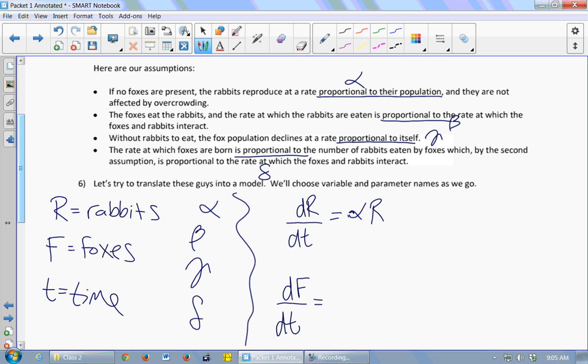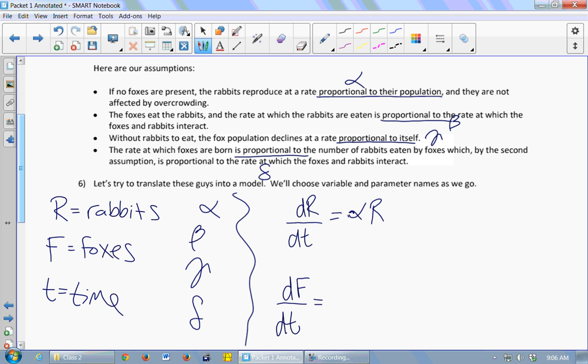Foxes eat rabbits, and the rate at which the rabbits are eaten is proportional to the rate at which the foxes and rabbits interact. One way that we can model how often rabbits and foxes interact is to multiply the size of the rabbit population times the size of the fox population. As each one gets bigger, they will interact more often.